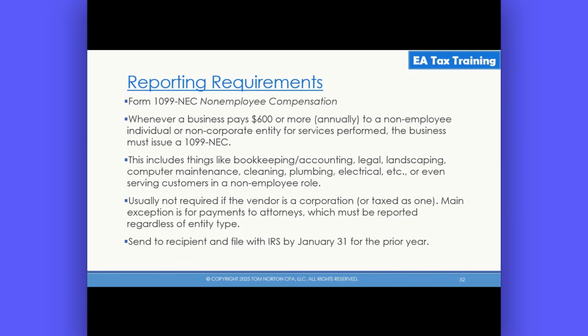So this could include things like bookkeepers or accountants, lawyers, a landscaper, computer maintenance, computer programmers, anybody who's not an employee. So you're not issuing them a W-2, you would issue them a 1099 instead.